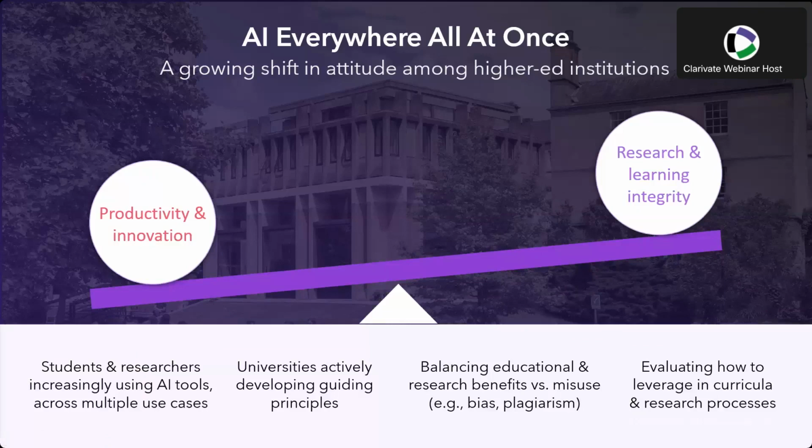So when it comes to AI, there is AI everywhere. AI transforms every market, and higher education research is no exception. While we recognize the potential of generative AI, everyone has heard about ChatGPT, Gemini, and all these different models, it also introduces some concerns about its impact on teaching and research integrity, right?